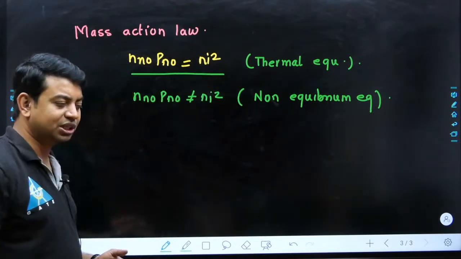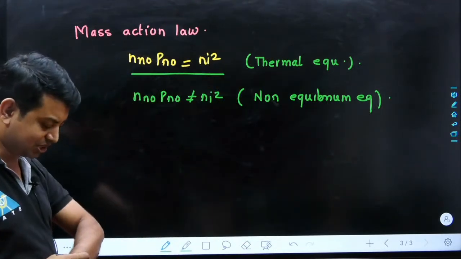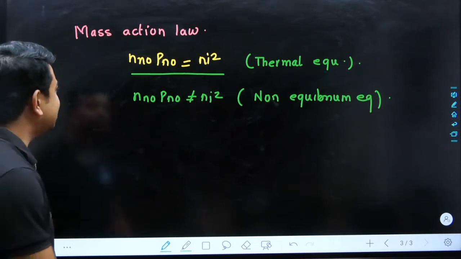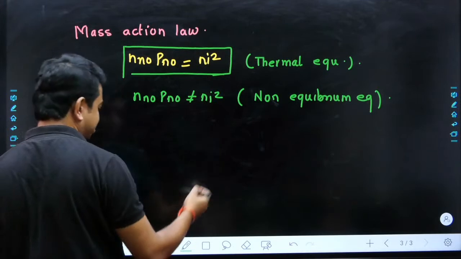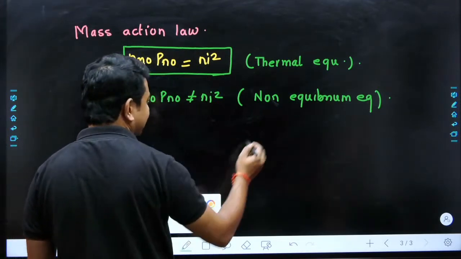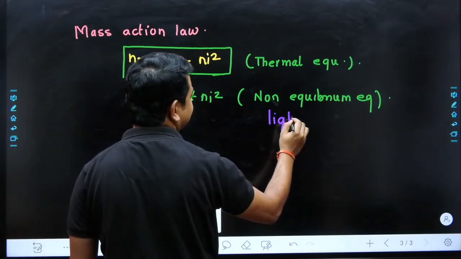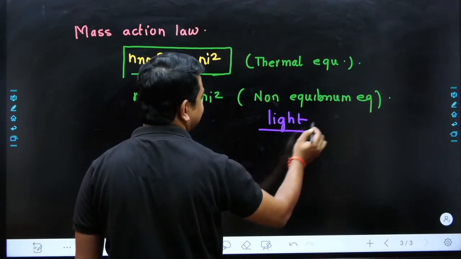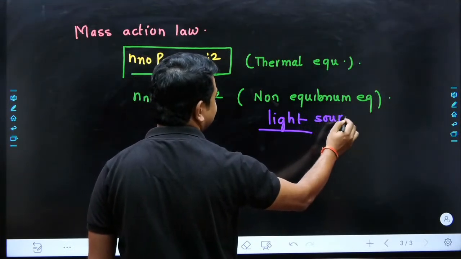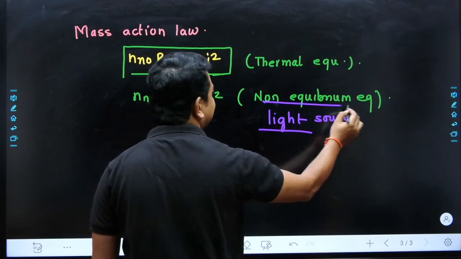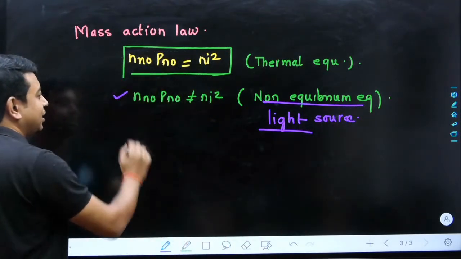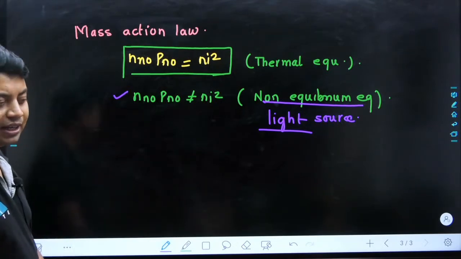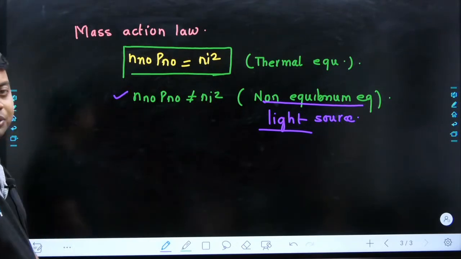So when the light source is applied, the semiconductor is not in thermal equilibrium condition. Now the semiconductor is in non-equilibrium condition. Then we cannot apply that N in N naught into P in N naught is equal to Ni square.